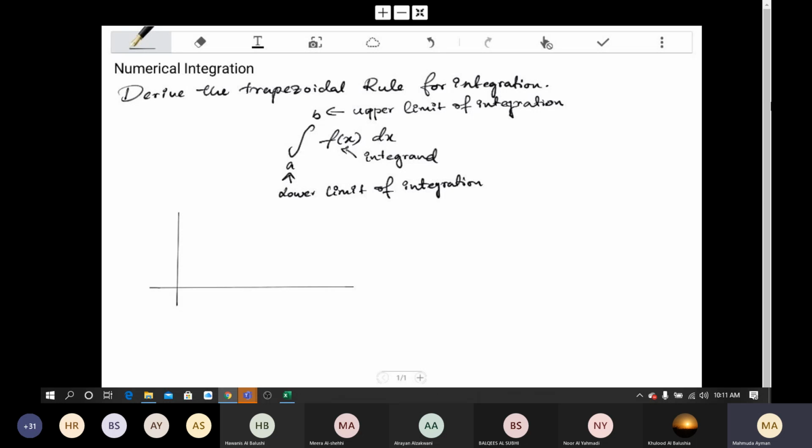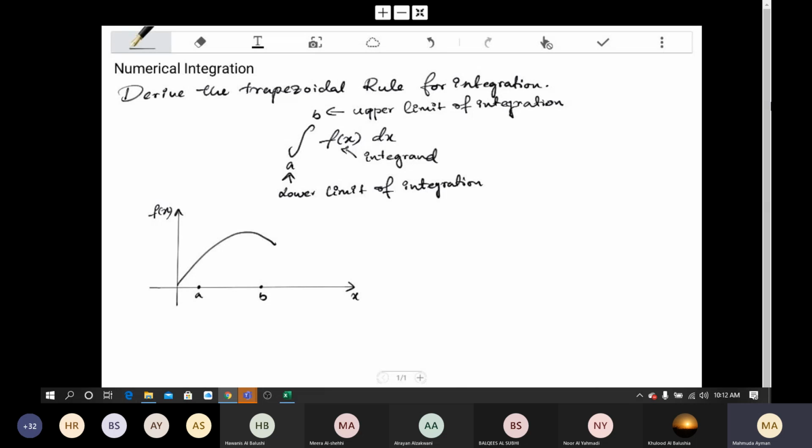If we have a function which looks like this form, here you have your f(x) and your x axis, and we have to approximate this function from some value a until some value, let's say b.